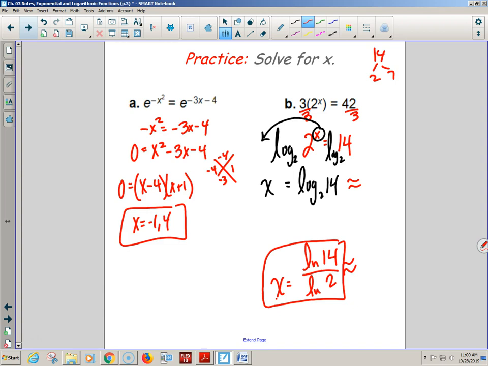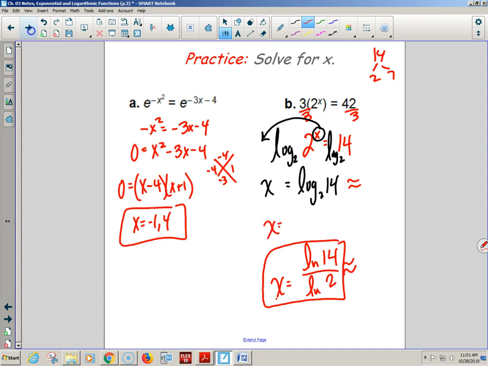How do you get here? Some of you are like, nah, I don't mind plugging in lots of stuff to my calculator and comparing decimals, but that's gross. That's messy. How could you get to this answer instead of that answer? What do you see? Okay, you could just change the base. But then you have to have that memorized, right? Okay, but could you use the change of base formula?